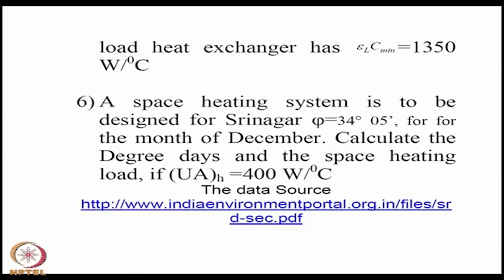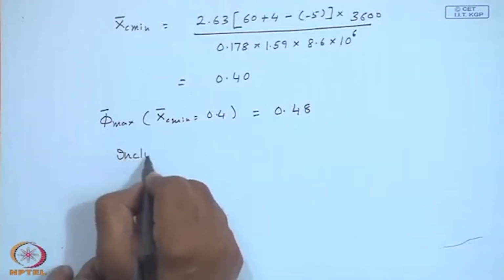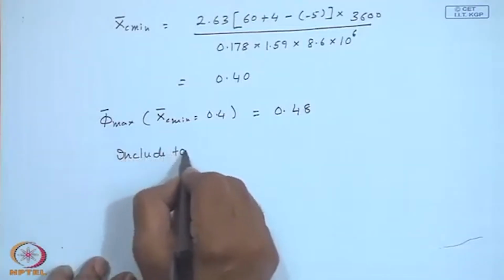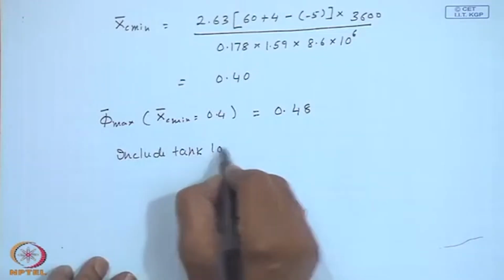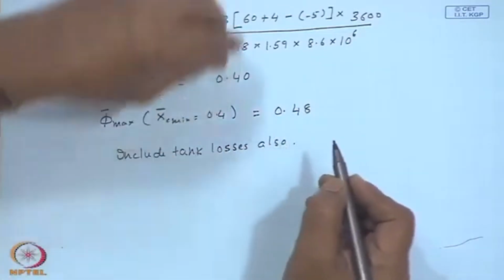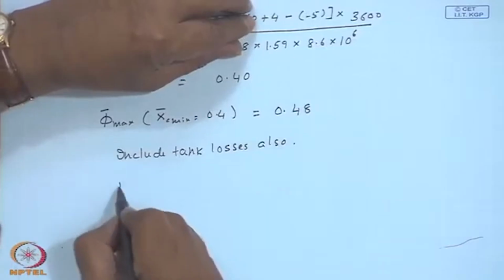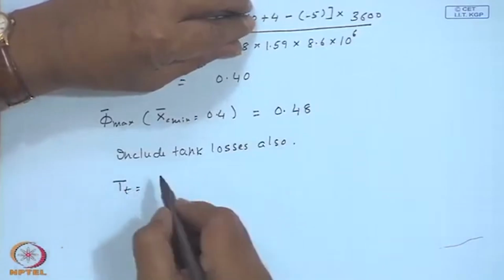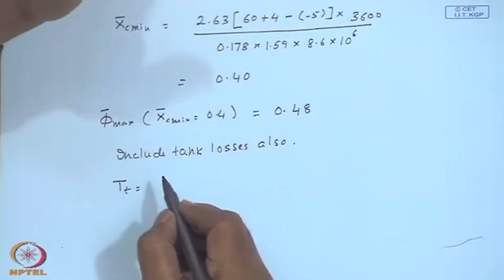Now, we want to include the tank losses also. What should be T T? Originally what we did was it will be T minimum plus 2 degrees or whatever it is.